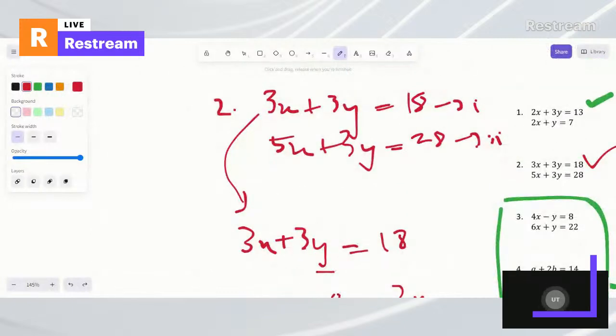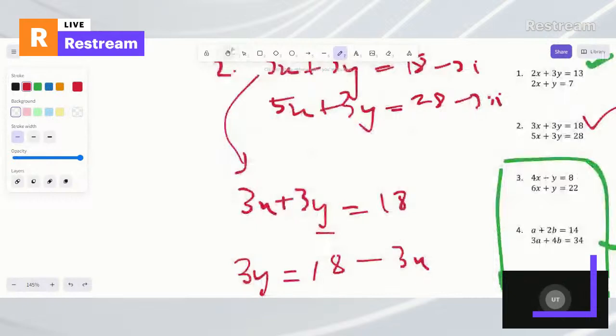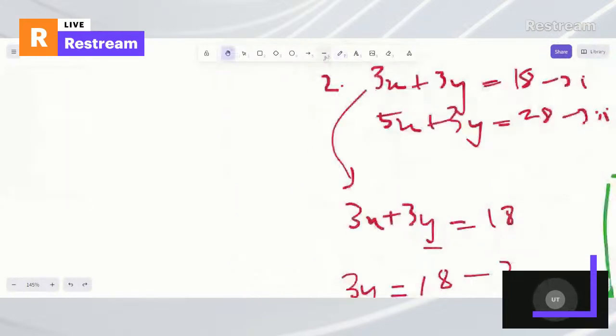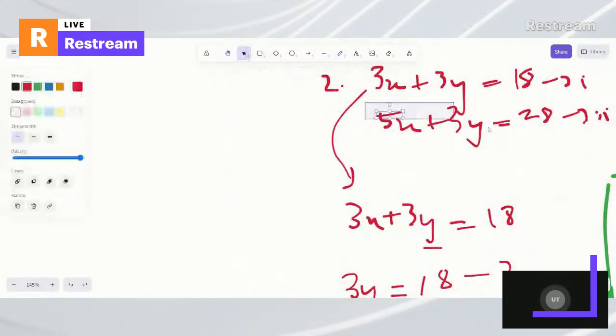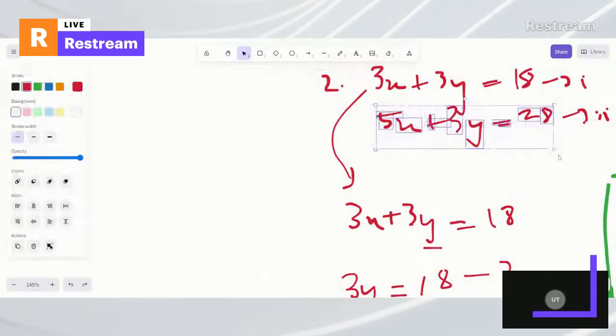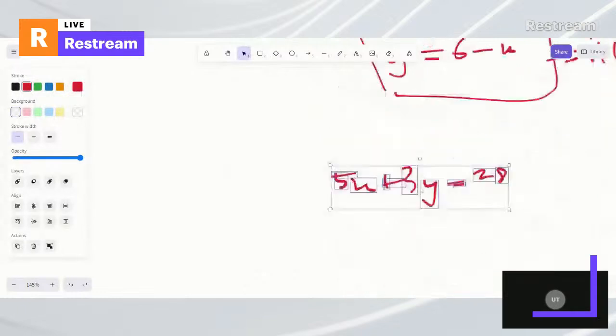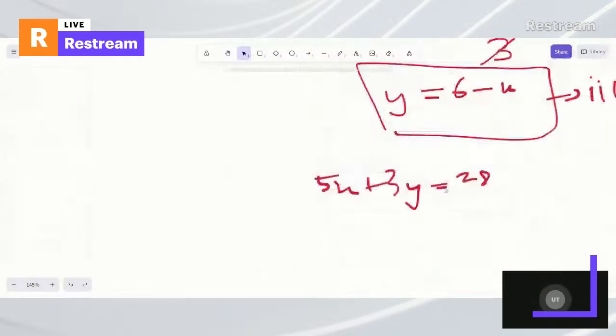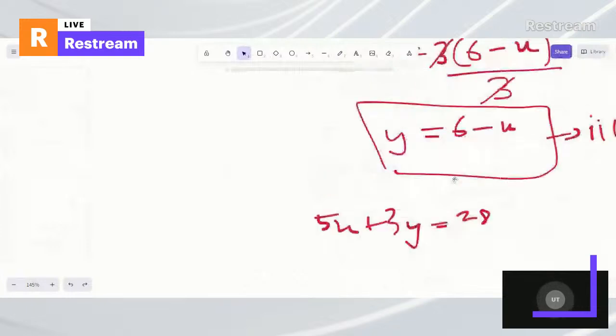So if we substitute this back in equation number 2, this is the equation, right? We're going to place the value of y in this equation.